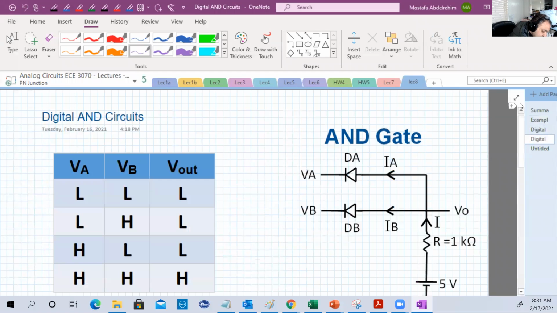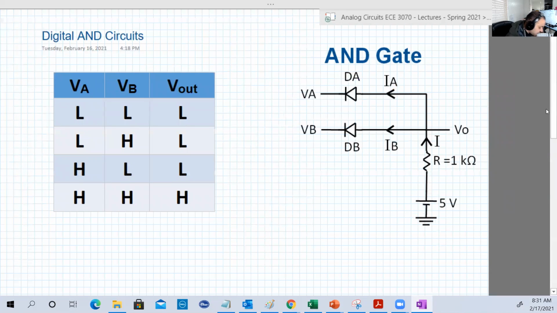Another logic, which will be your assignment, is the AND gate. So the one that we discussed is the OR gate. The circuit in front of you now is called AND gate, or AND gate circuit, or digital AND logic circuit. So here, AND means AND.